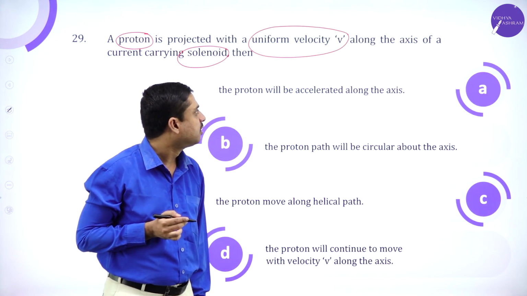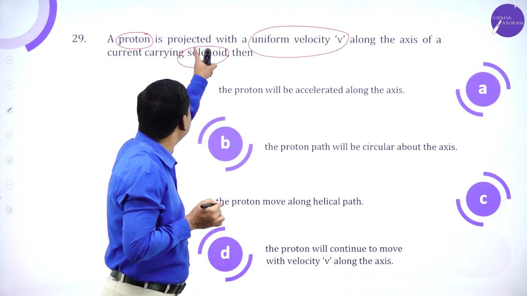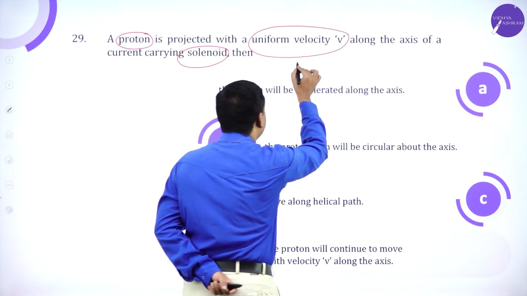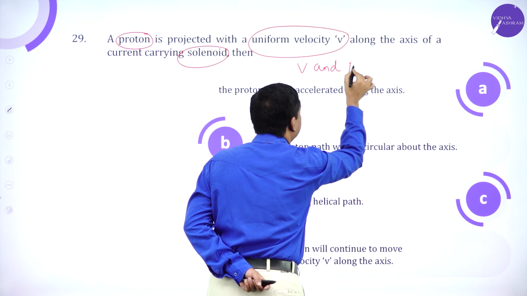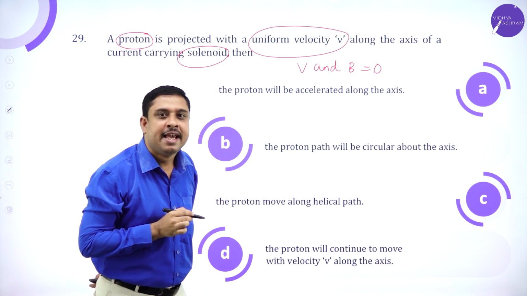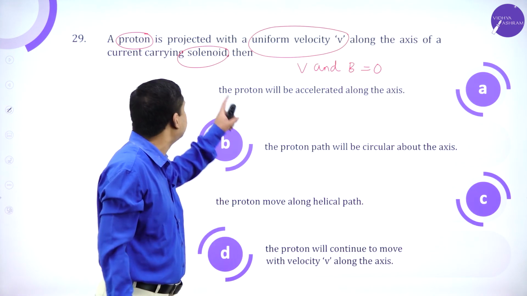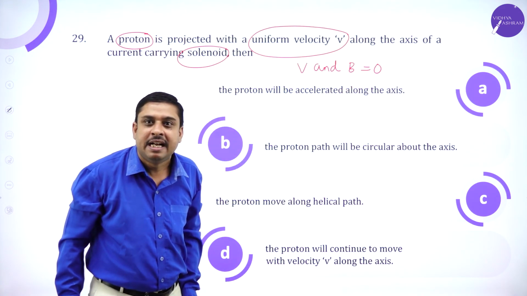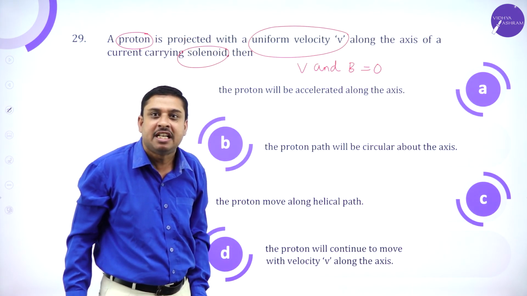My dear students, here very clearly it says a proton is projected with uniform velocity, which means the angle between the direction of the velocity of the proton and the magnetic field is 0.